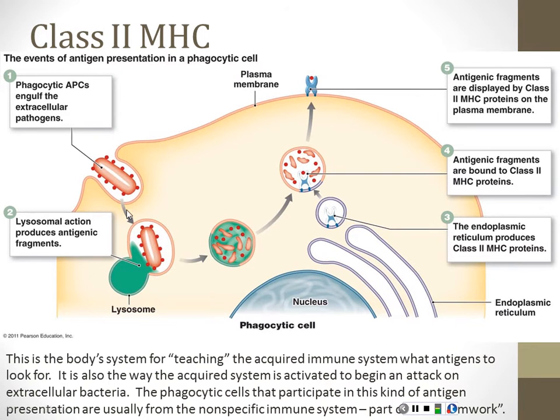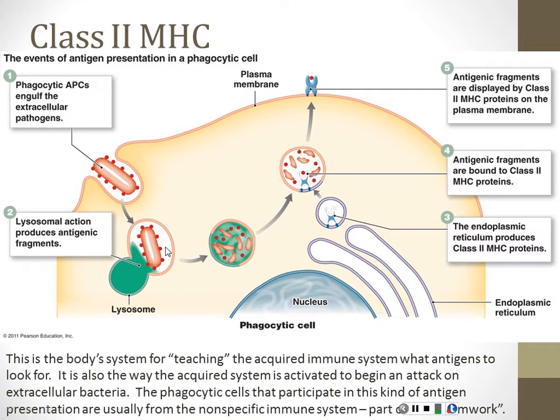The class 2 is a little bit different because this is the immune system doing this routine on purpose, which is educating the immune system about some pathogen. So now here's our macrophage, sitting there in the tissues, and you've stepped on a nail, right? So in comes your tetanus bacteria, and it's going to get swallowed up by this macrophage, destroyed into little bits and pieces.